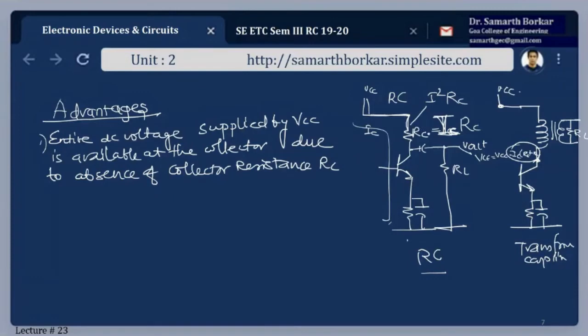If I don't connect this resistor, even if I directly short this, entire signal will be available at this point. But then we have discussed, if I draw the AC equivalent circuit, and if I don't connect a resistor here, it will act as a short and no output. So I have to have a resistor here.